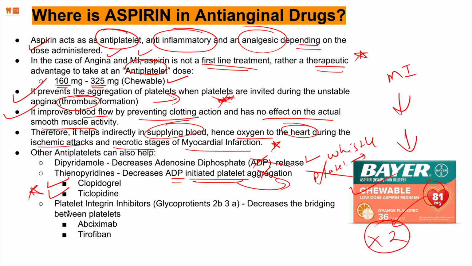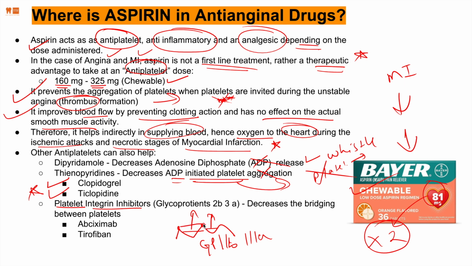Platelet integrin inhibitor. This is another one. What does integrin mean? Bridging. Bridging. That is integrin. That is dealt by GP2B3A. What is GP2B3A? It's glycoproteins. Glycoproteins does what? It attaches one platelet to the other.